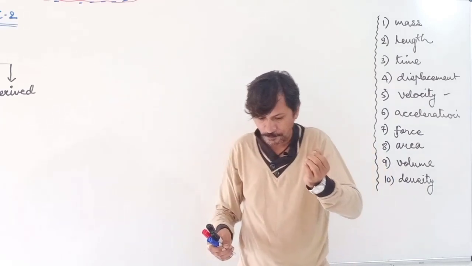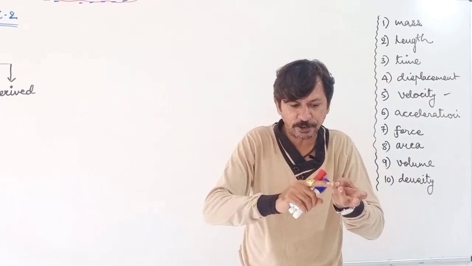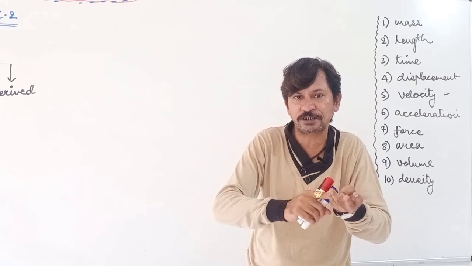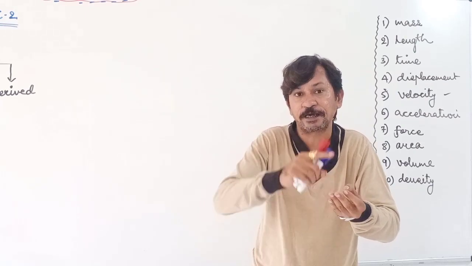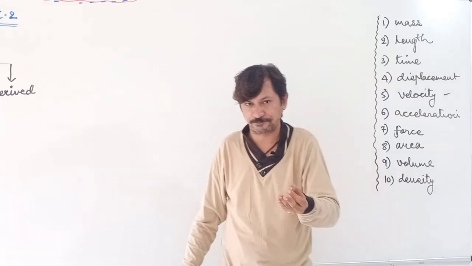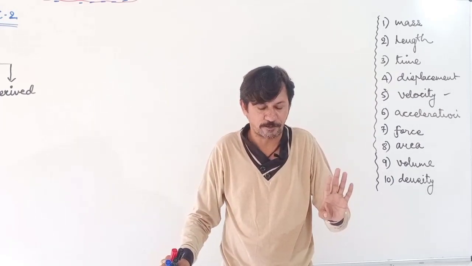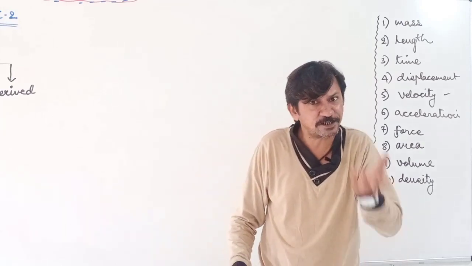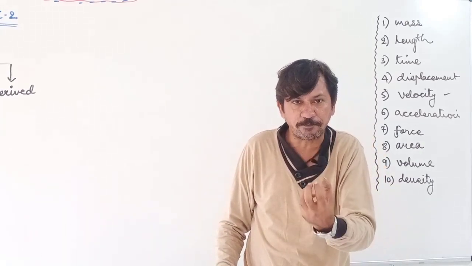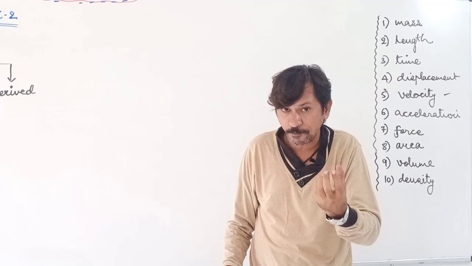Look at this. We have some numbers 1, 2, 3, 4, 5, 6, 7, 8, 9 and 0. These are numbers. These are only 10 numbers. Consider these 10 numbers as minimum, fundamental or basic numbers.